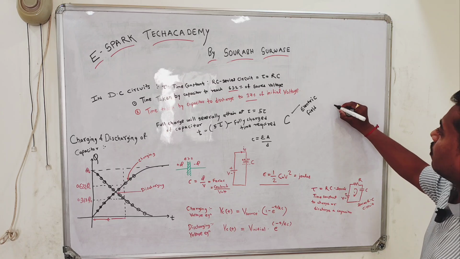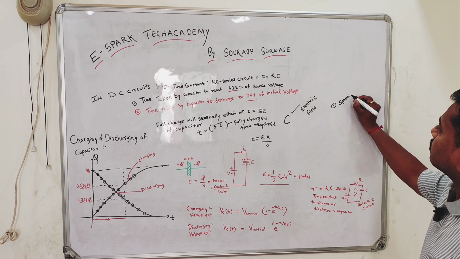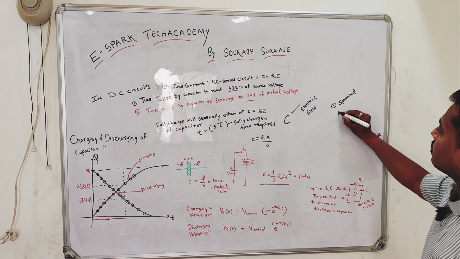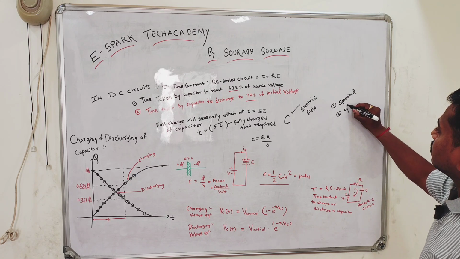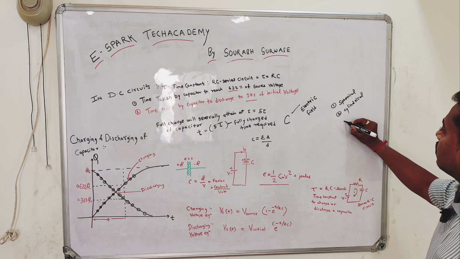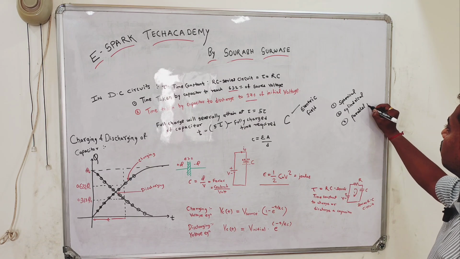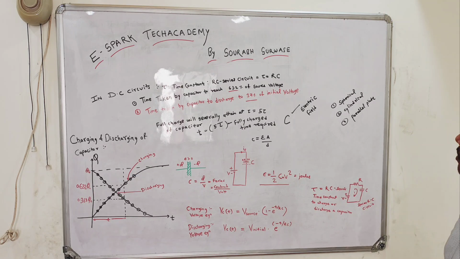Capacitors are of different types. They are spherical, cylindrical, and parallel plate capacitors.